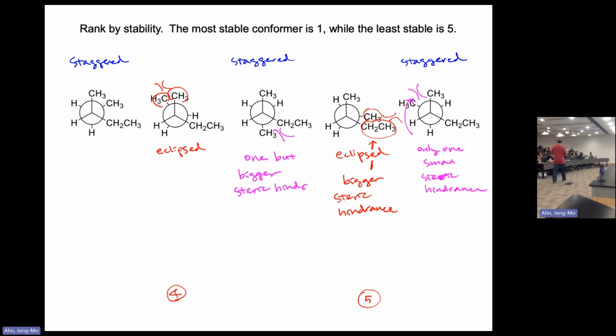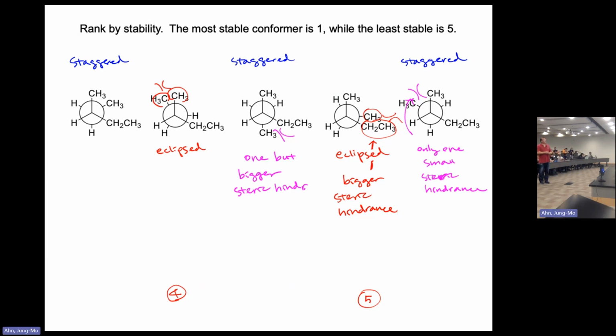They are still staggered, but as the size gets bigger, there's a chance that they get closer, right? So that's why the energy goes higher. So between these two, which one is better? I say this one versus the other one, because anytime you size up, being at closer distance makes it worse. So that's why this is better than the other one.